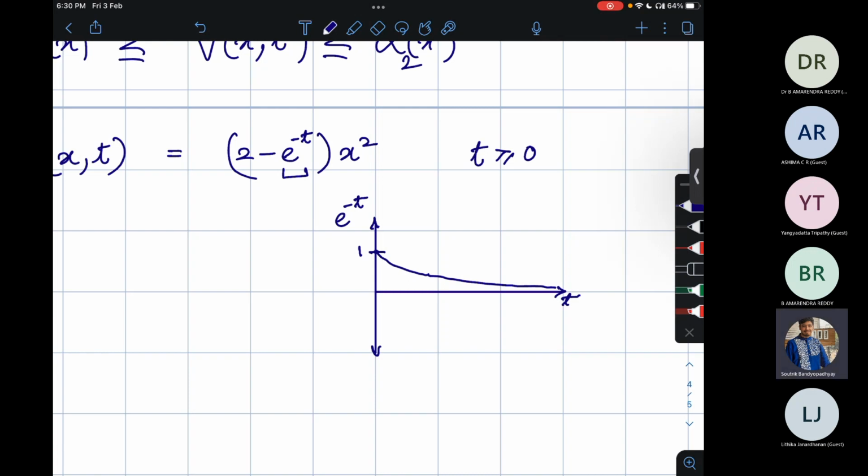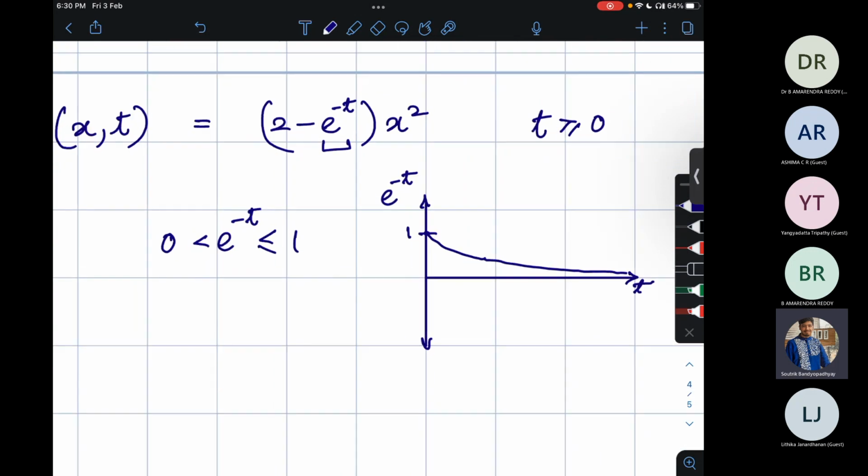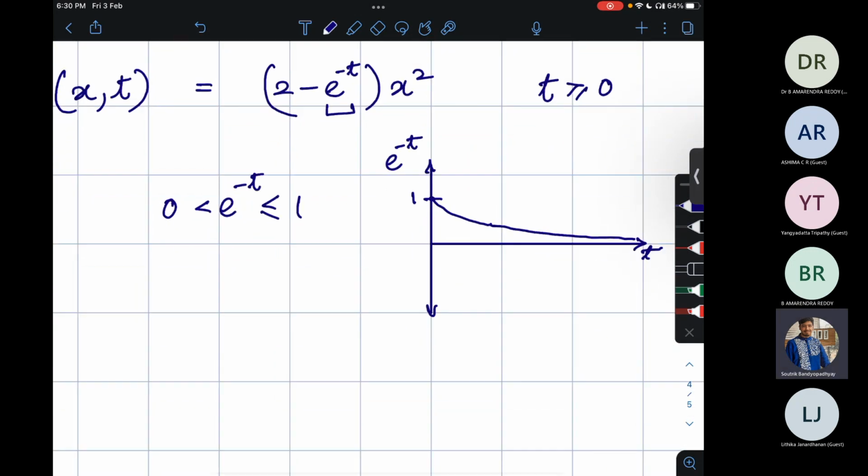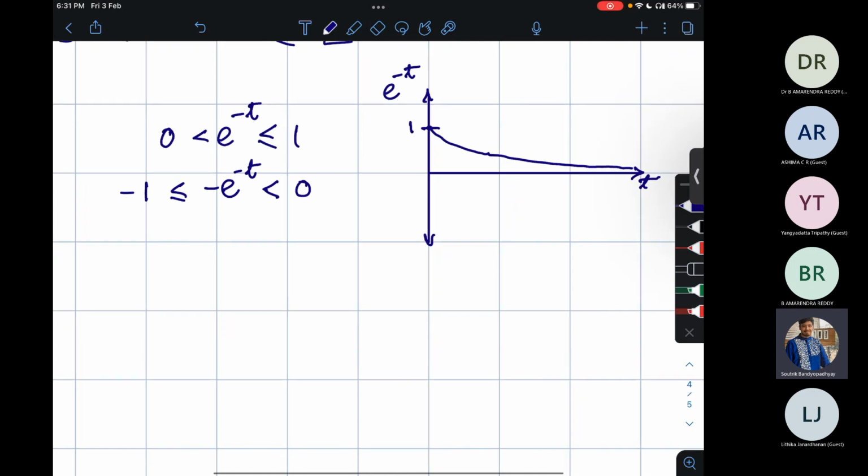So e to the power minus t always varies between 0 and 1. It is not technically equal to 0, but it is between 0 and 1. So the negative, minus e to the power minus t, is between 0 and minus 1, and you can add 2 on both sides.